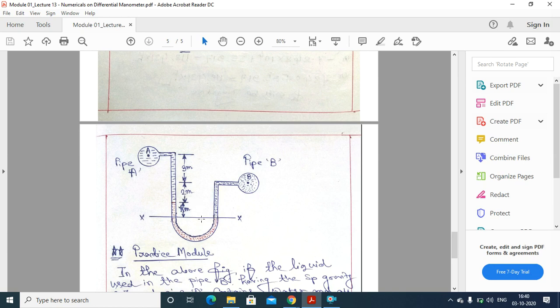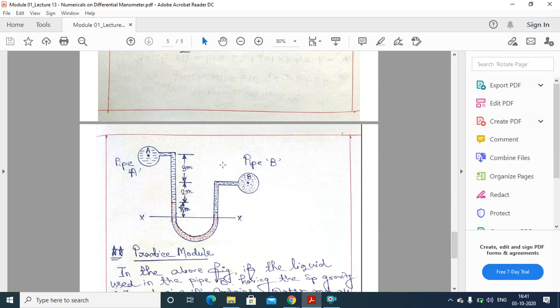So small h is the difference between the mercury levels of the two limbs of the manometer.